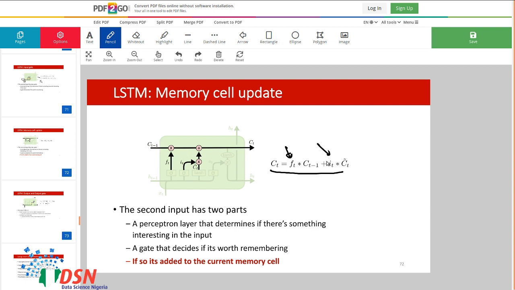Then we add it with the input gate times the perceptron output, the potential new cell state. So based on the output of the input gate, we want to know how to blend these two to create the new cell state: how much information we want to throw away based on the output of the forget gate, and how much information we want to input to the cell state based on the input gate.